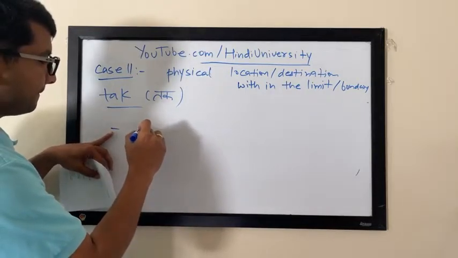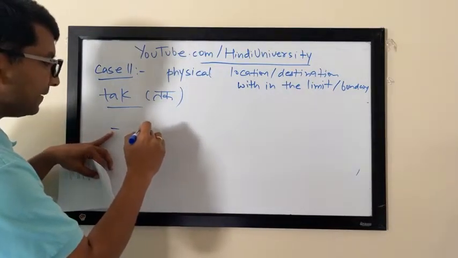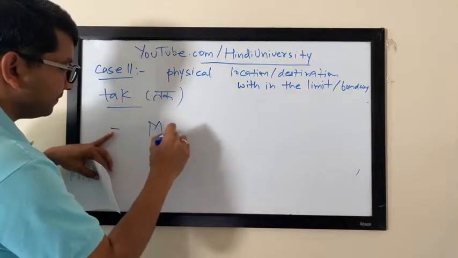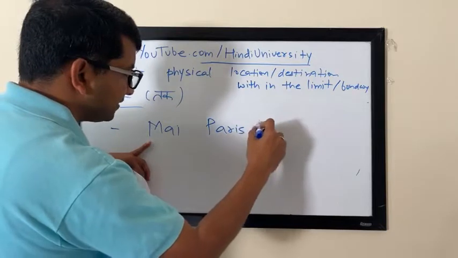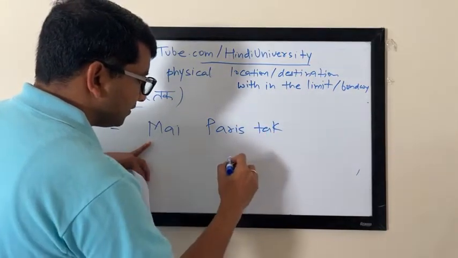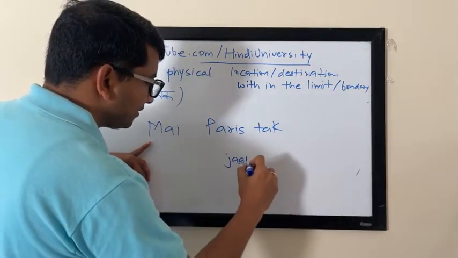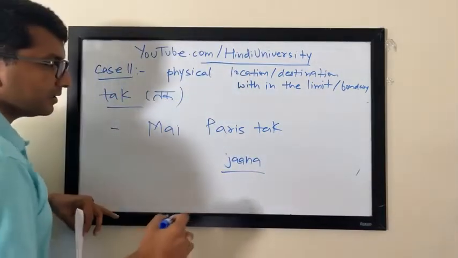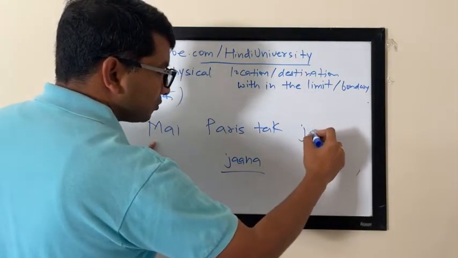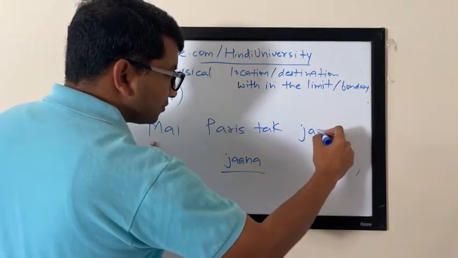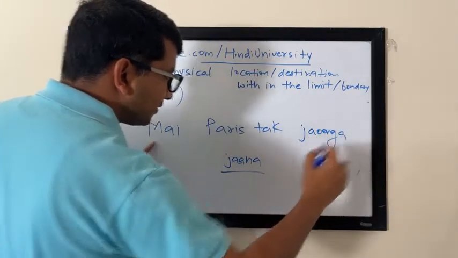So we're saying I will go to Paris. Yep. So मैं Paris तक हूँ. Paris tak. Jana form, right? Oh yeah. Sorry, I forgot the verb. So जाता हूँ. So future, right? So मैं Paris तक जाऊँगा.